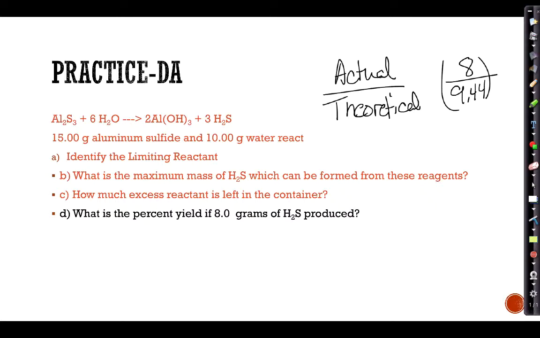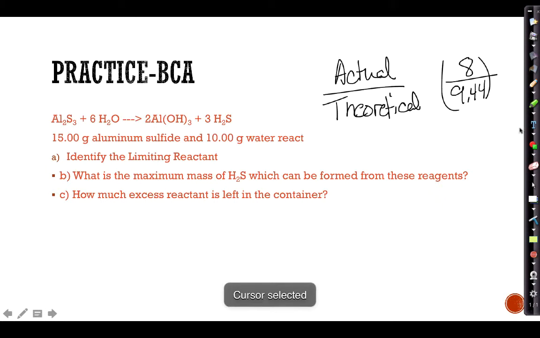So 8 divided by 9.44 gives me 0.847. So multiply that by 100. My percent yield will be 84.7%.